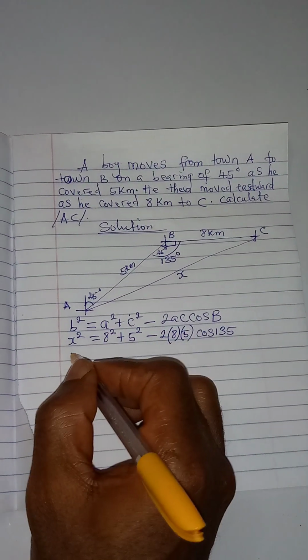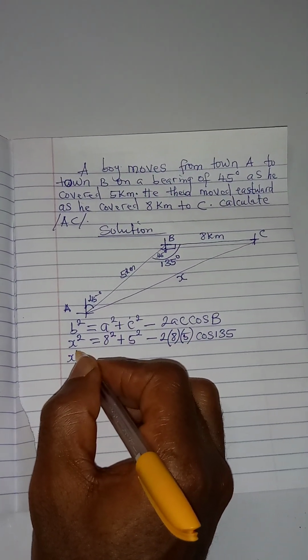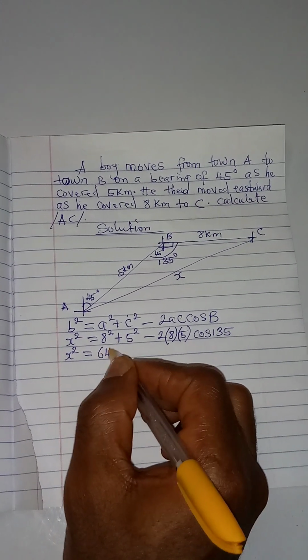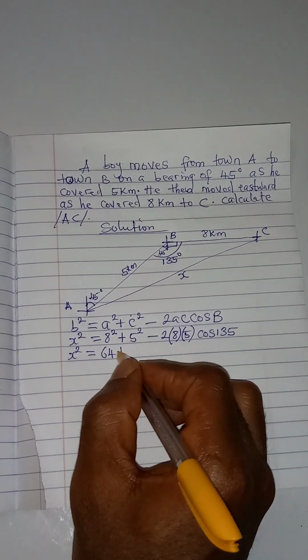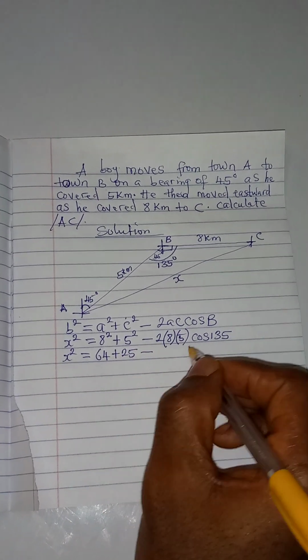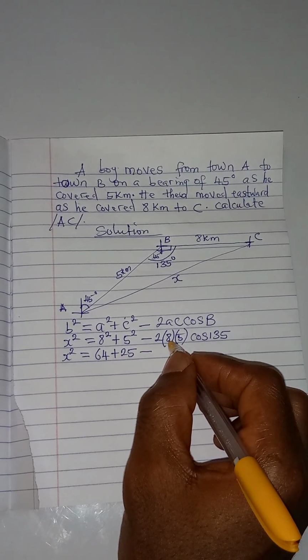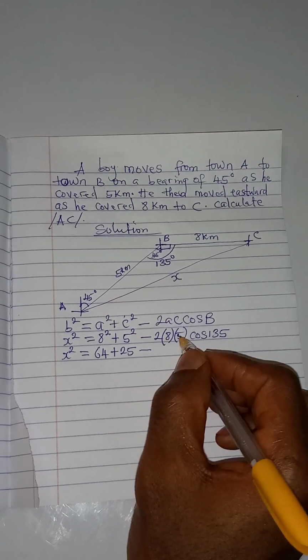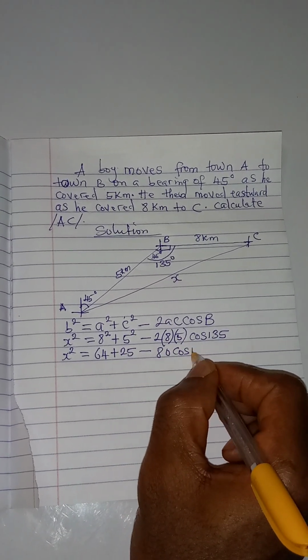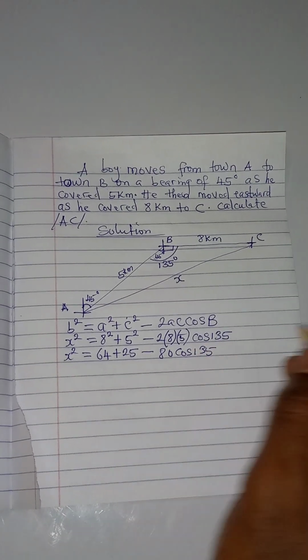Then from here now, we'll take another step. x squared is equal to 64, because 8 squared is 64, plus 5 squared, that is 25, minus 2 times 8 times 5 will give us 80. Then we'll have cos 135.